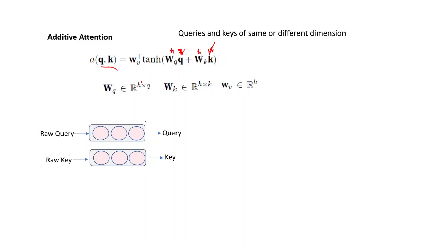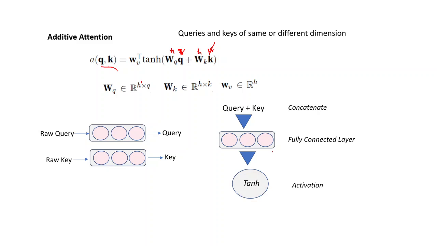Then you take the raw key and again pass it through a fully connected layer and get the linearly transformed key. Now you concatenate this query and key, make it pass through another fully connected layer, and then you take the tanh activation function on the resultant. This is how it is actually implemented in practice.